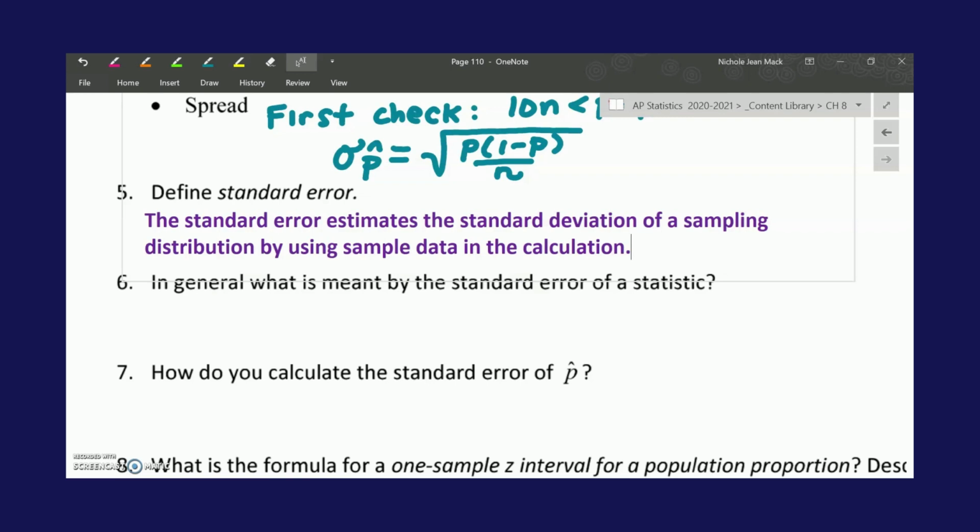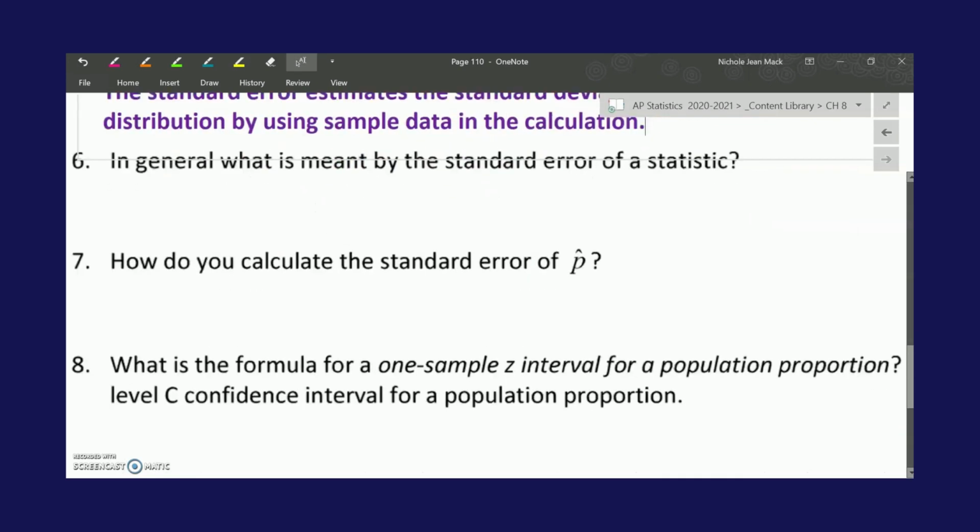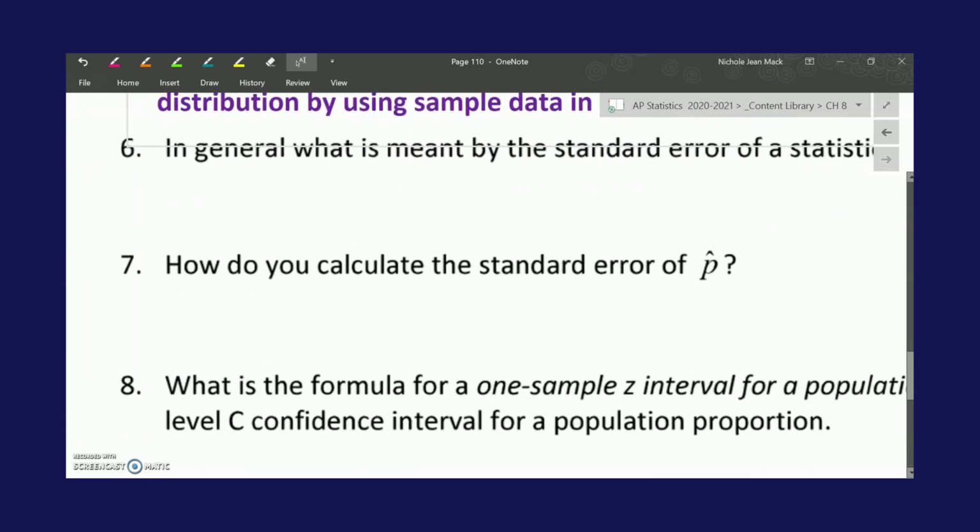So we need a formula for standard error, right? I'm trying not to sound like a broken record. Standard error uses sample data. What's my sample data? Well, the sample data is p hat, not p, because I don't know p, right?